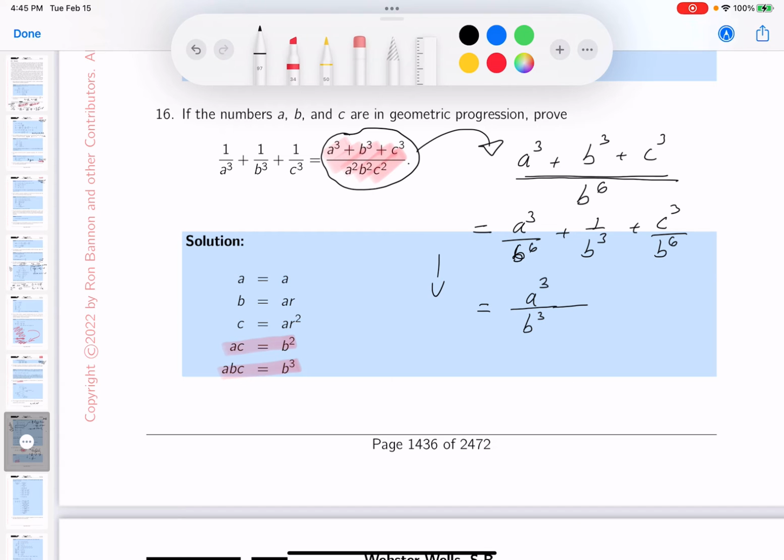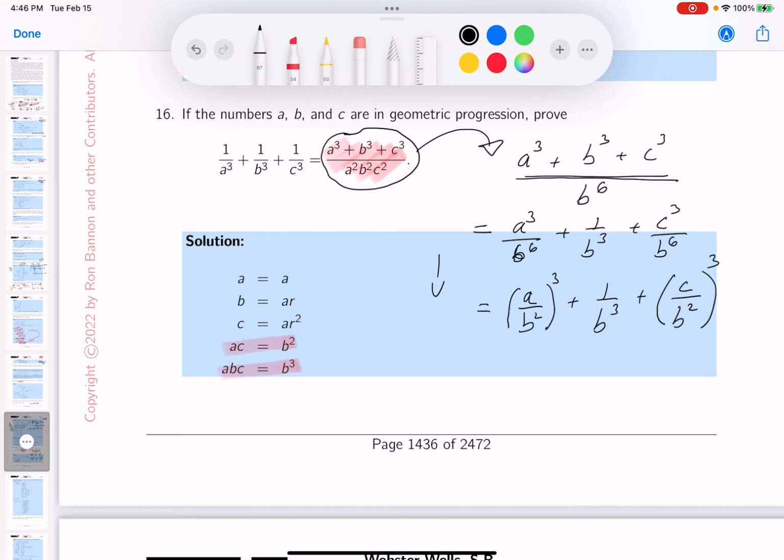You know what I'm going to do? Let me do something different. I definitely got the middle term though. I'm going to write this down instead. A over B squared cubed plus 1 over B cubed plus C over B squared cubed.